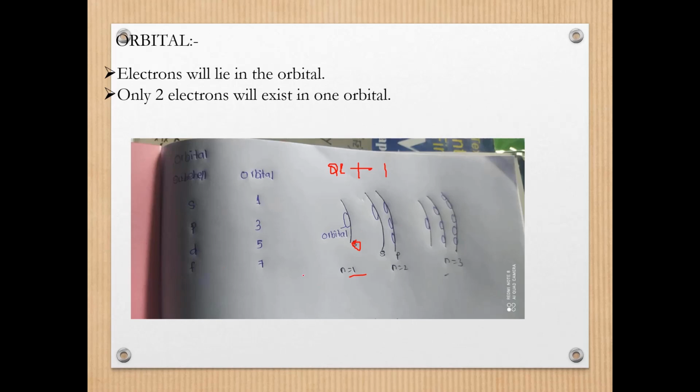Similarly, for n equal to 2 we have l equal to 0 and l equal to 1, so we have a maximum of 4 orbitals. From l equal to 0 we have one orbital, and from l equal to 1 we have 3 orbitals. Here this is the orbital, this is the subshell, and this is the orbit.